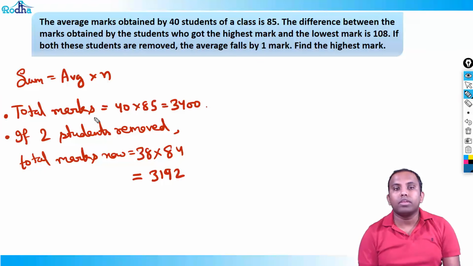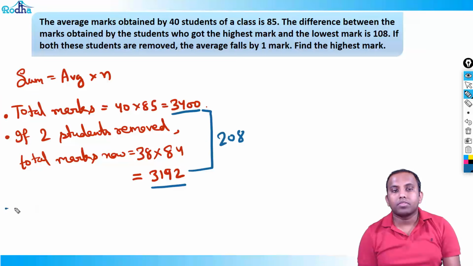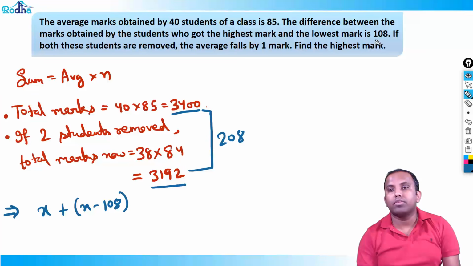So what is the difference here? If those two students are included, the sum of marks is 3400. If those two are excluded, the sum of marks is 3192. The difference is 208. That means if the marks of one person is x, the marks of the other person is x minus 108, because the difference between them is 108.